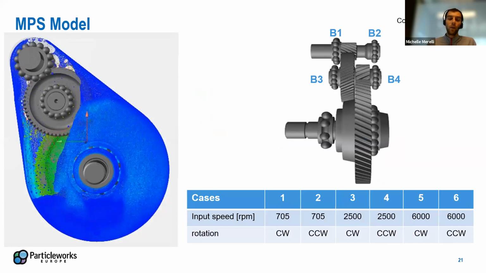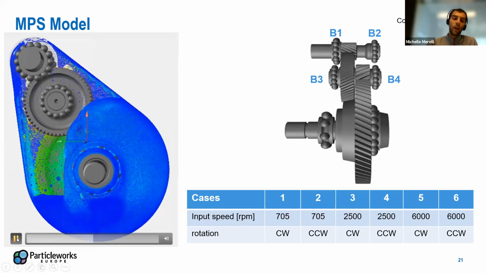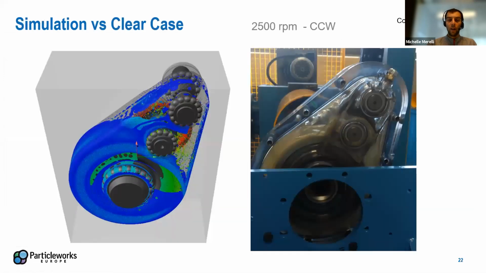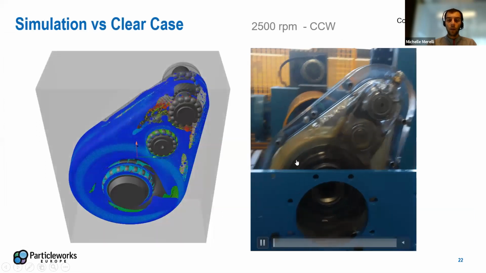And in this way, we could compare different loads and also rotating directions. We could compare the lubrication levels for the bearings, the bearings on top as well, especially because they were the most critical. And we could compare those lubrication levels with a real-life prototype.